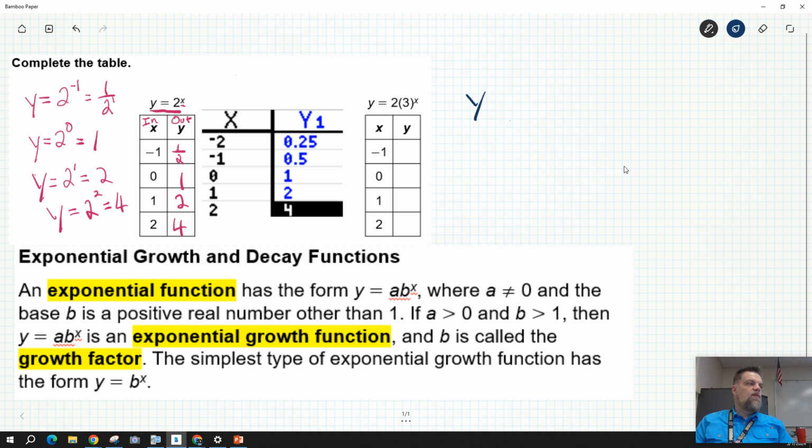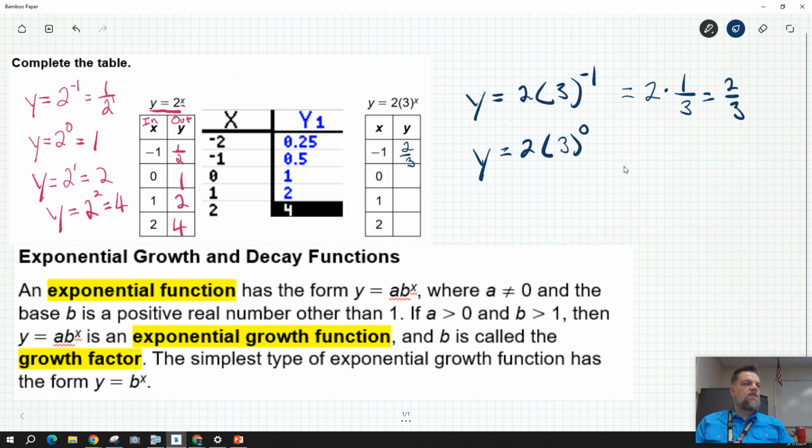So I'm going to say y is equal to 2 times 3 raised to the -1. Well, that's 2 times 1 over 3, or just 2/3. So we'll say 2 over 3. The next one is y is equal to 2 times 3 raised to the 0, which is just 2 times anything raised to the 0 power is 1. So that's just 2.